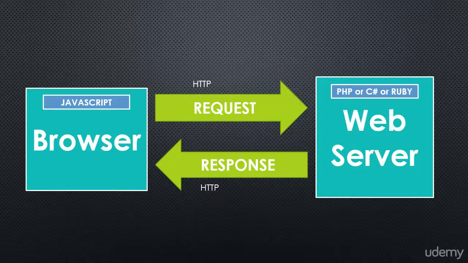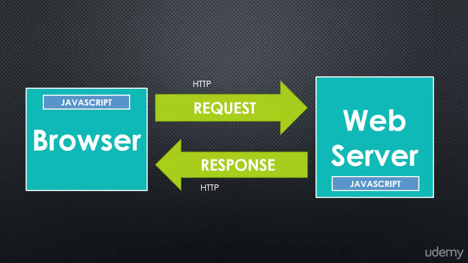But the goal here with Node.js is instead to write JavaScript on the web server. So the web server still needs to do all these jobs and work, and just like the browser, we're going to use JavaScript. So you only need one programming language in your tool belt while you're building your software.